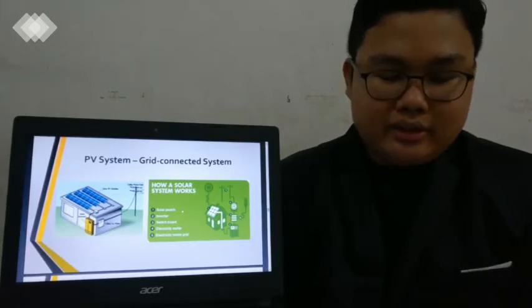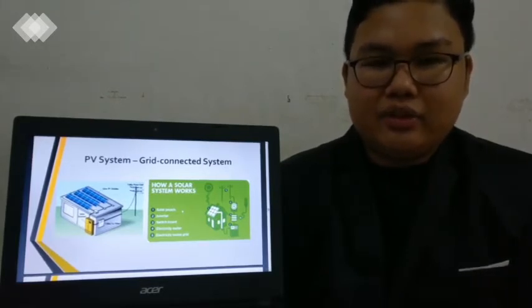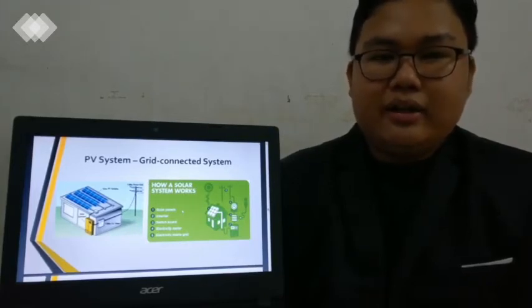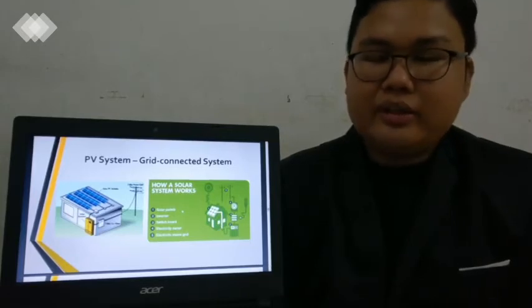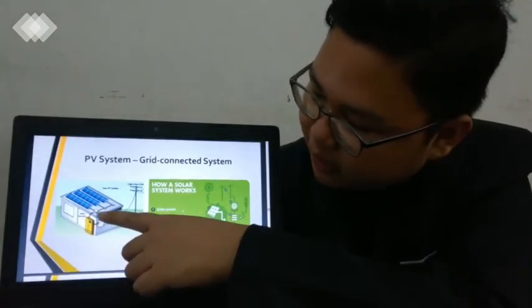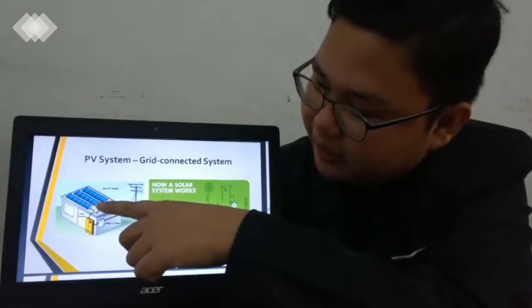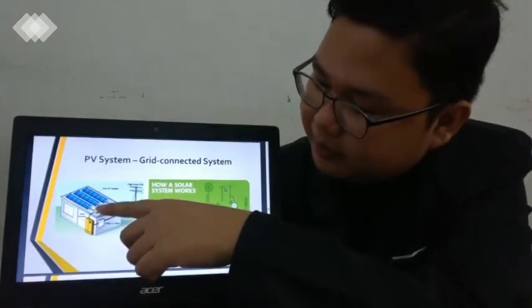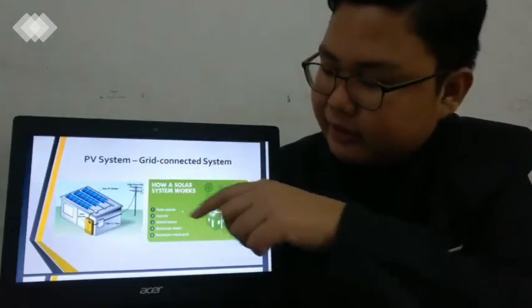Well, the easy way to understand a grid connected system is that it is a bunch of standalone systems gathered into one and connected into one utility grid. Each of these standalone solar PV systems is put into one giant utility grid.